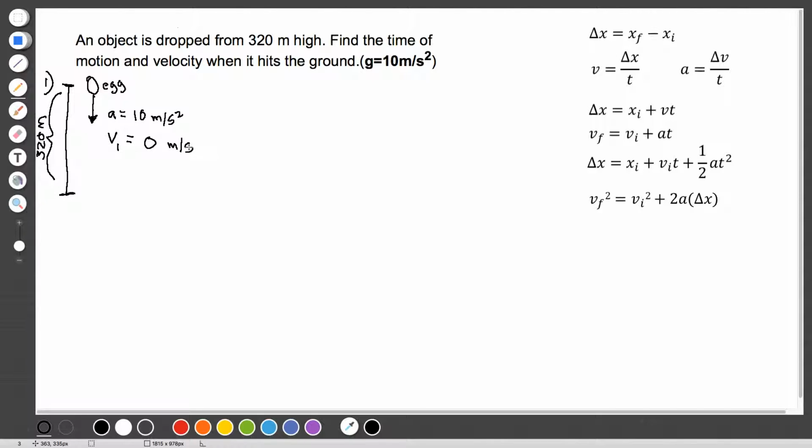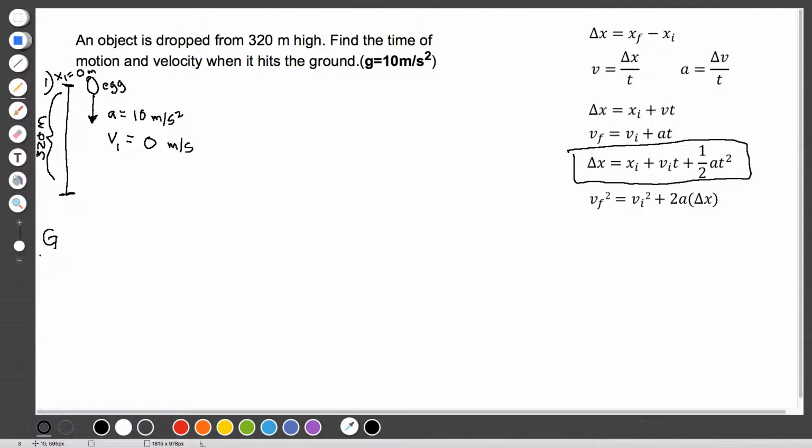The second thing, which will make the problem solving much more simple, is if you set its initial position to x initial equals 0 meters. Because a lot of times in free fall problems, we're going to be using this equation right here. So, if you have x initial equals 0 and v initial equals 0, then it simplifies this equation and you don't have to worry about rearranging it as much.